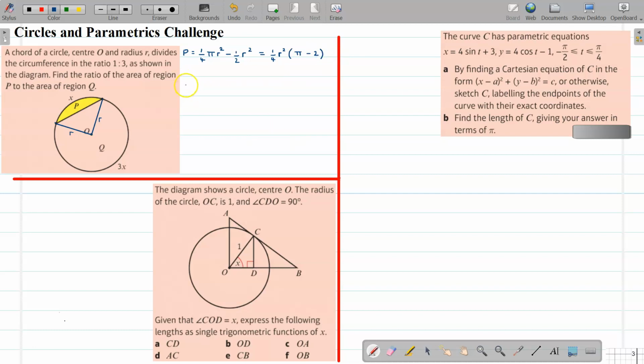Now, to do the area of Q, the easiest way is just to recognize that it's what I've just worked out, subtracted from the whole circle. So Q is going to be pi r squared minus P. Okay, and it's pi r squared minus a quarter of pi r squared. I'm going to write it like this because I can refactorize it. And then I'm going to take away minus a half r squared.